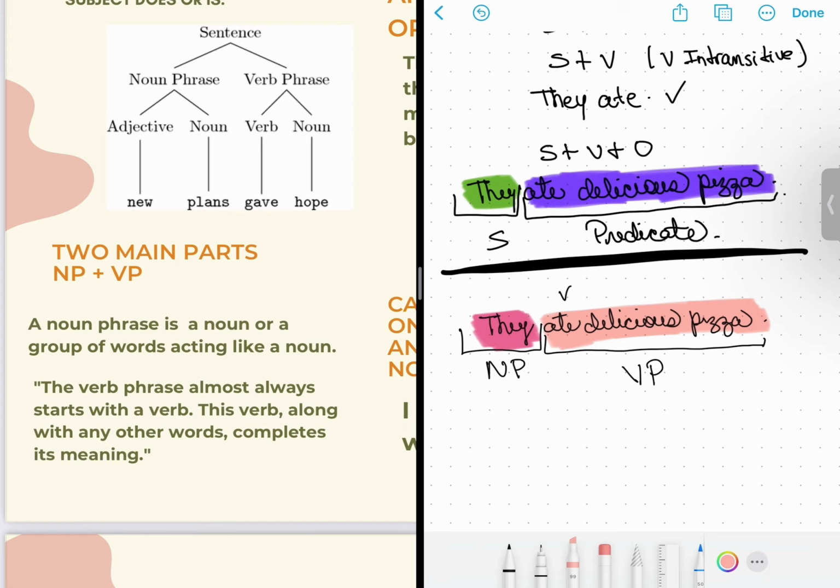So now we divide the sentence into two: the subject we call the NP, and the verb phrase or the predicate we now call the verb phrase. Easy, right? So I need you to be clear on this. Let's move on. Okay.